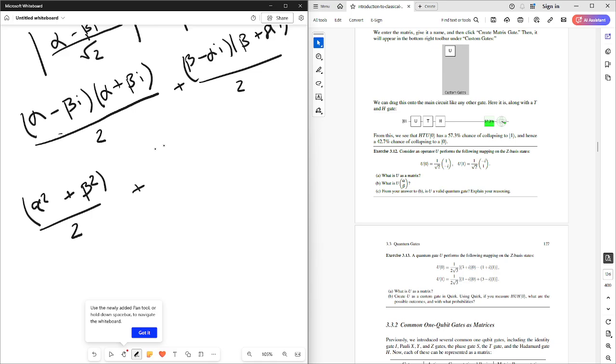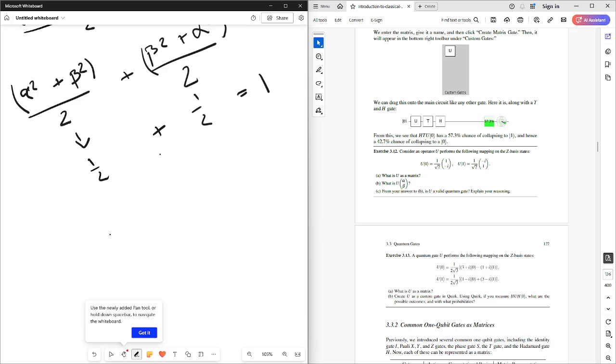And similarly here we wind up with beta squared plus alpha squared over 2. Now we can either take it algebraically to the conclusion, or understand that this is 1/2 and this is 1/2. So 1/2 plus 1/2 is 1.